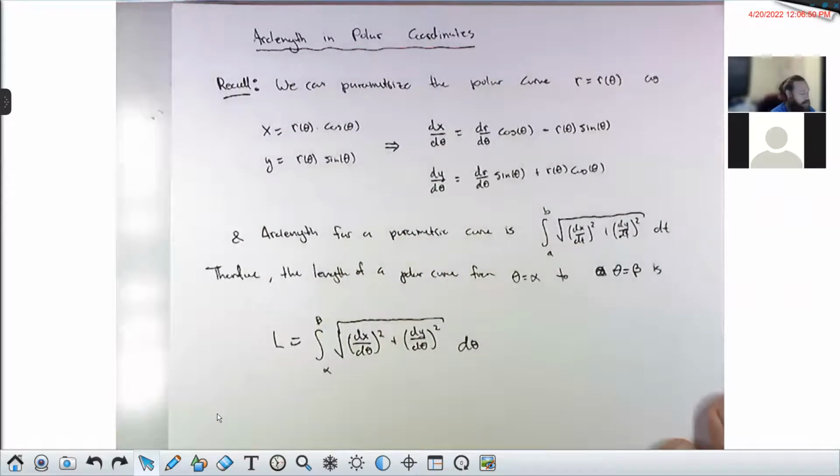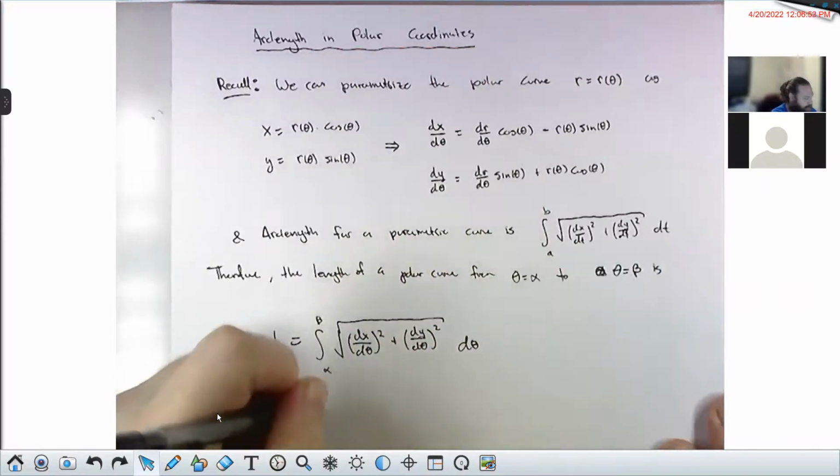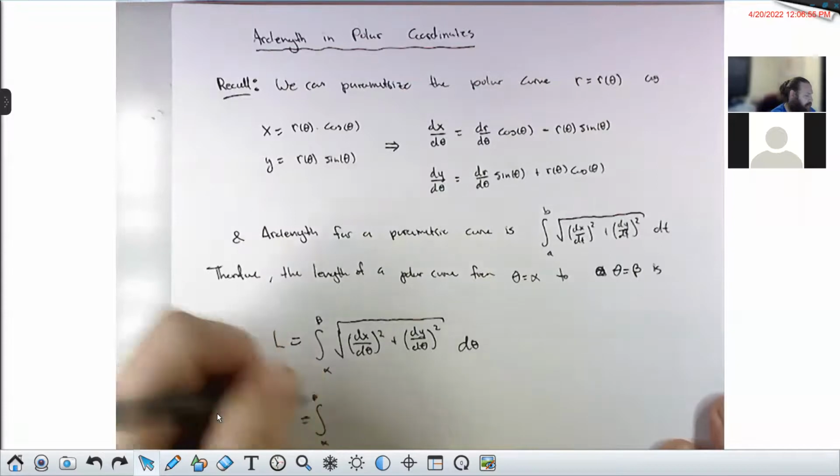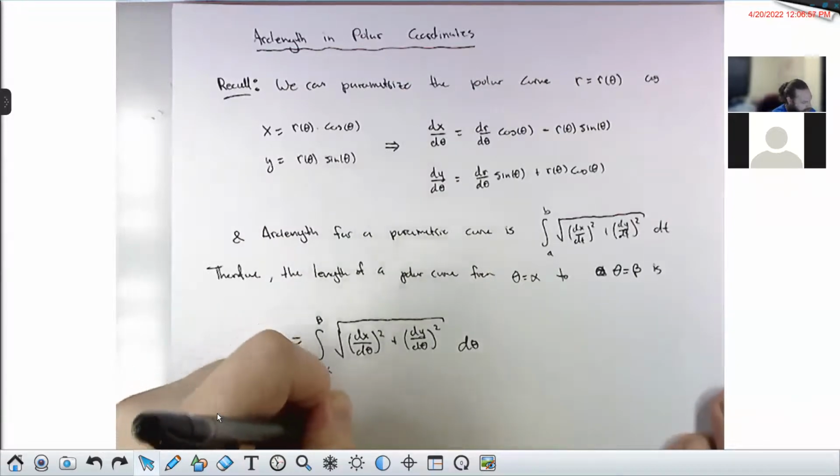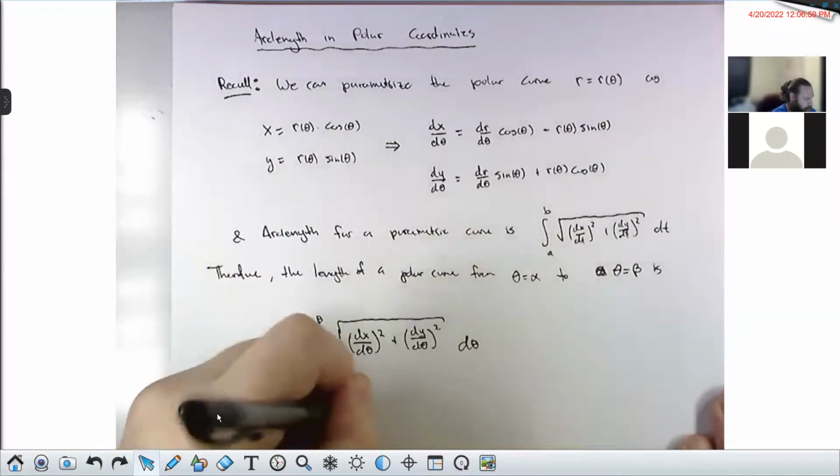Now we're going to simplify this quite a bit, and I'm not going to show all the steps because it is a little messy. This is the integral from alpha to beta. I'll plug it in here.